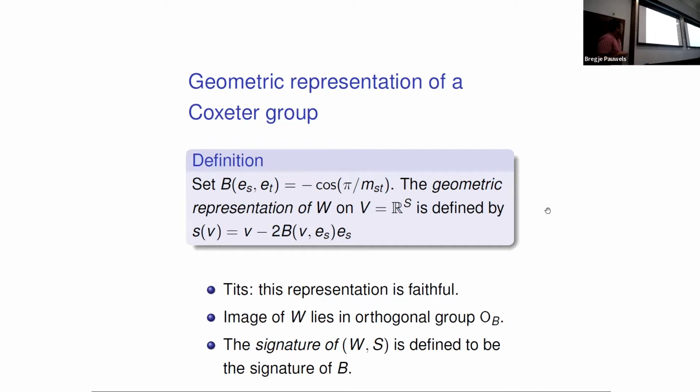And so this gives a representation of W into GL(V), and this shows that this representation is faithful, and in fact, because we have reflections, it ends up in the orthogonal group. And so what will be important for us later is that I will want hyperbolic Coxeter groups. So I will want them, the signature, I will have to have pluses and minuses.